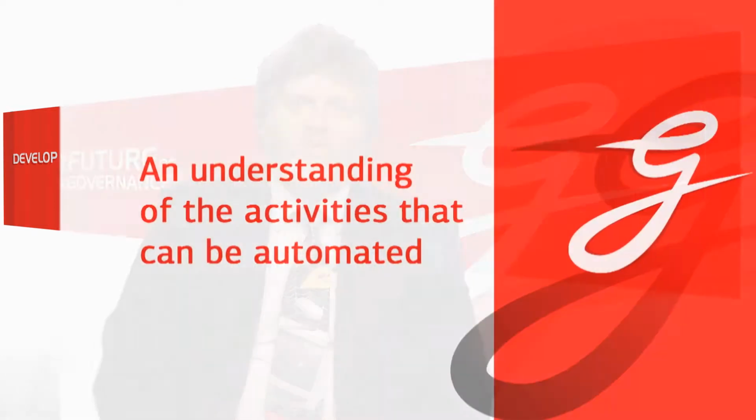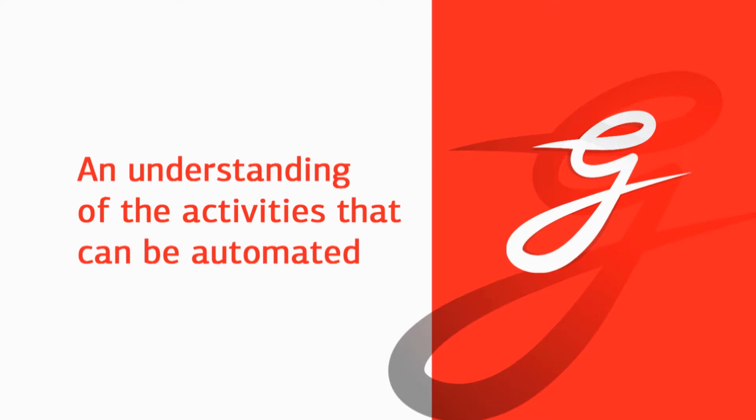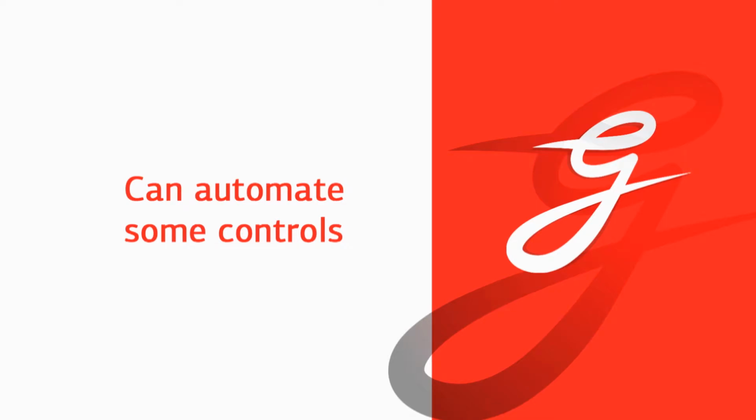When we have drawn the information and processes down, then we can get an understanding of what are the activities that are not needed, where we can automate some activities, where we can automate some controls.